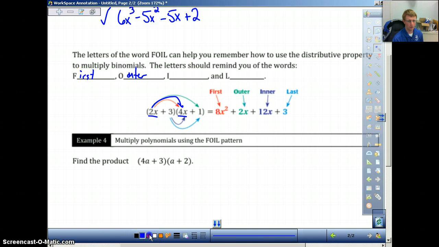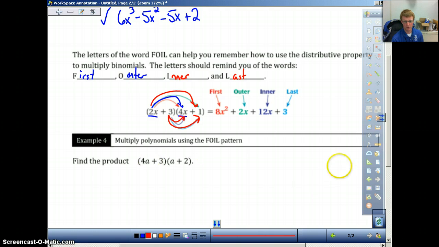So here the outer would be the 2x and the 1, and multiply those together. Then we do the inner, which is going to be the 3 and the 4x. And then we do the last, which is the last. That's the 3 and the 1. And you multiply each one of those separately and set up one equation.